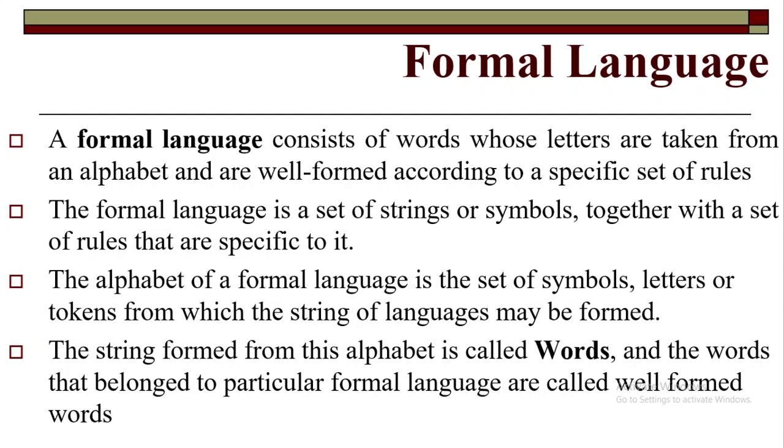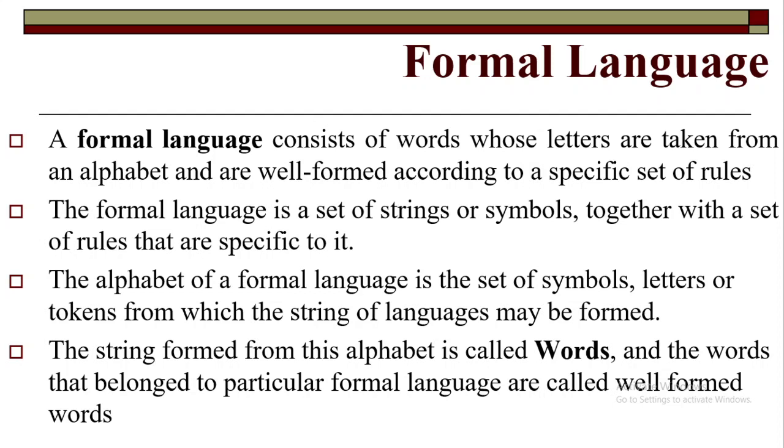So a formal language is well formed, and it is developed using a specific set of rules, and its letters are taken from an alphabet. There will be a set of alphabet, and it is formed according to a specific set of rules.